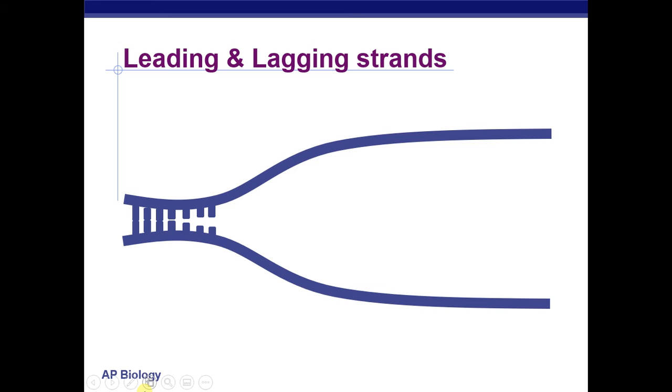So that's the basics of how DNA replication occurs, but we need to modify it just a little bit, because remember I said that because DNA is antiparallel, it's going to complicate things, and this is why. So here is a picture of the replication fork.